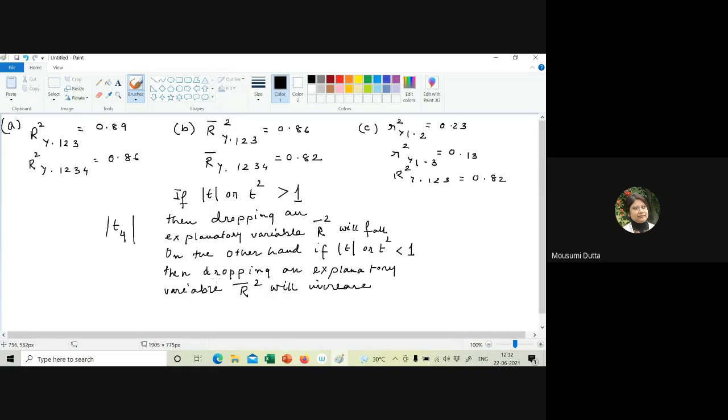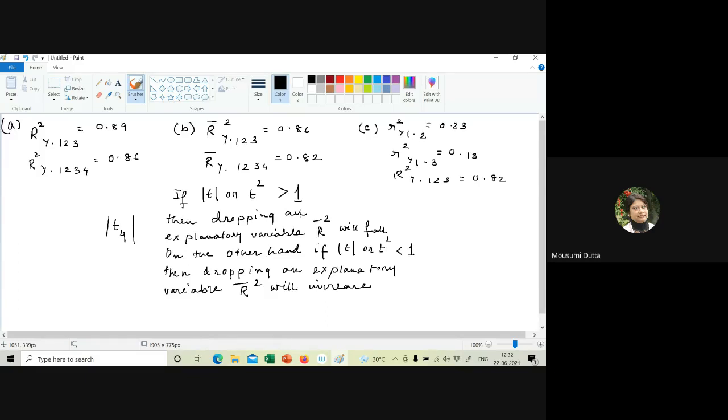If mod T4 is less than 1, then we can have this result. Dropping the explanatory variable, R bar square is increasing, it is becoming 0.86 in that case. So the answer is not unambiguous in this case. It will all depend on the mod value of T4.